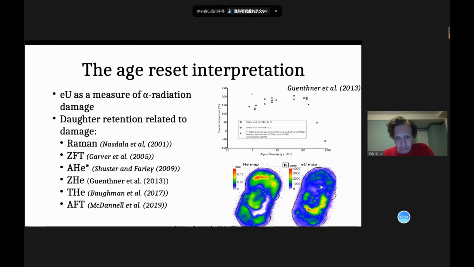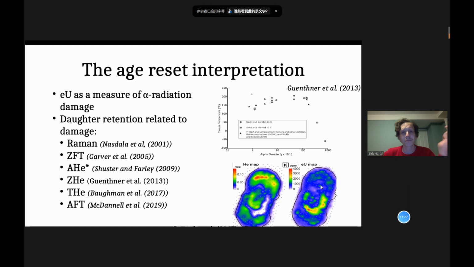The standard interpretation, and I think it's a pretty good idea, is the age reset interpretation. This interpretation says that eU is a measure of alpha radiation damage, which is pretty logical, as alpha radiation damage, as I told you yesterday, accumulates through the decay of uranium and thorium.